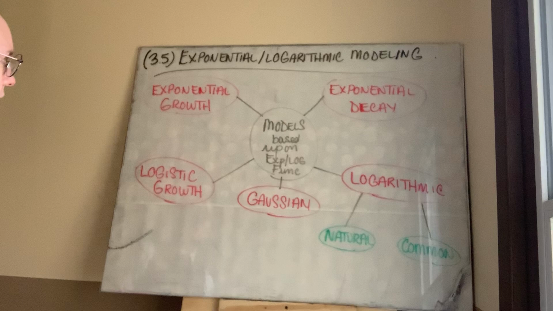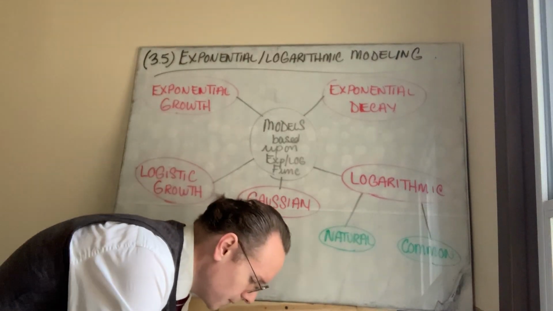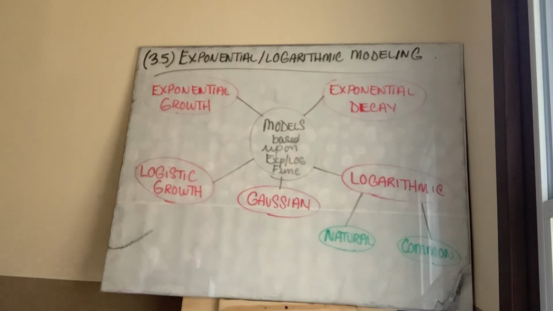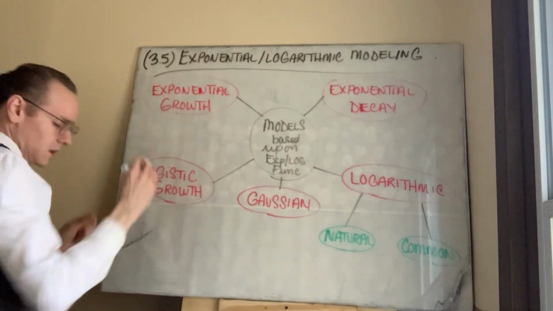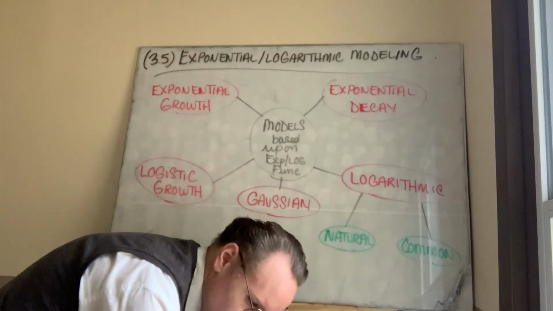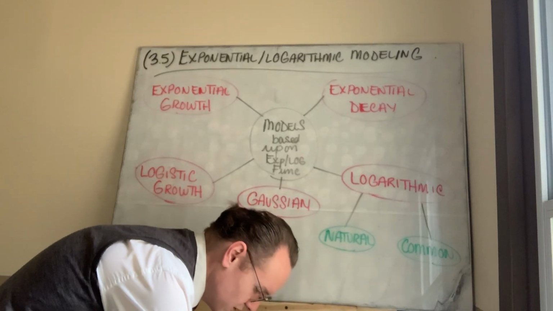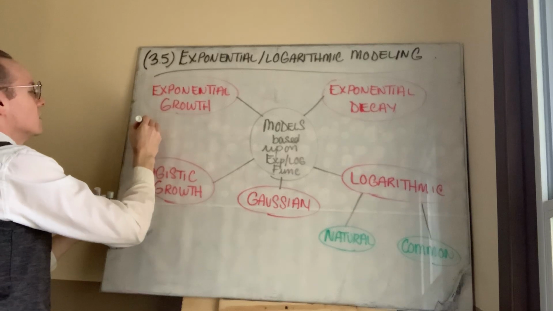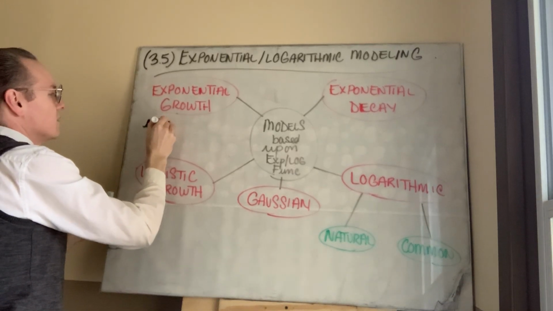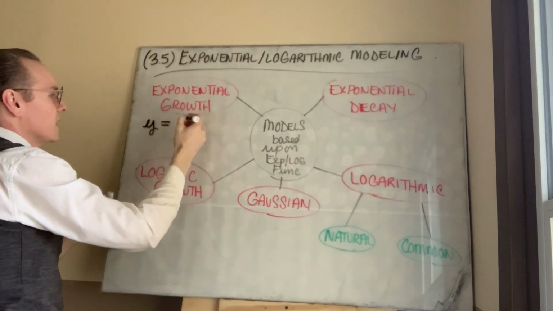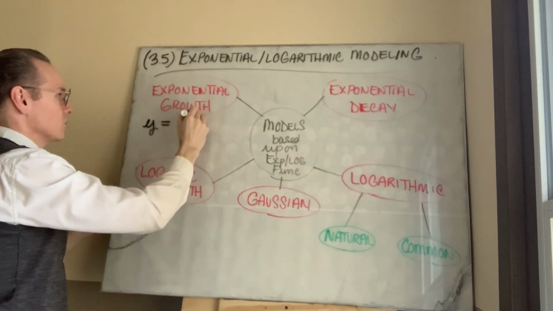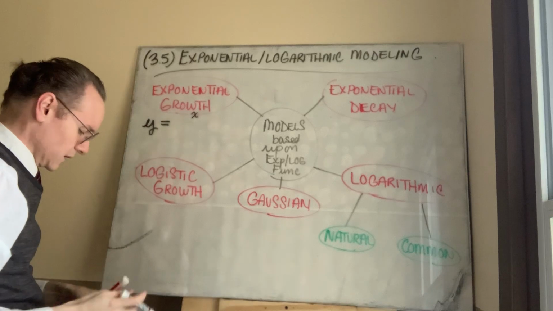So, the model that we will use for exponential growth has several features, so I'm going to try to draw this in different colors to kind of emphasize. It's going to have the variable y and the variable x, but the x will be an exponent if it's an exponential, so I'm going to put that up here.